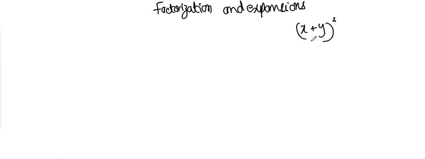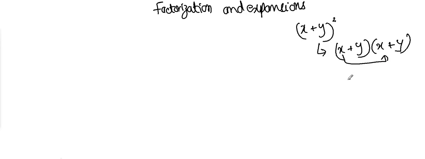We all know one thing for a fact, as we learnt in the rule of indices, and that is that whenever we have x plus y whole squared, it can also be written as x plus y multiplied by x plus y, right? So when two x's are multiplied with each other, we get x squared, and when x is multiplied by y, we get xy, and then y is multiplied by x, we get xy, and then y is multiplied by y, we get y squared, right?